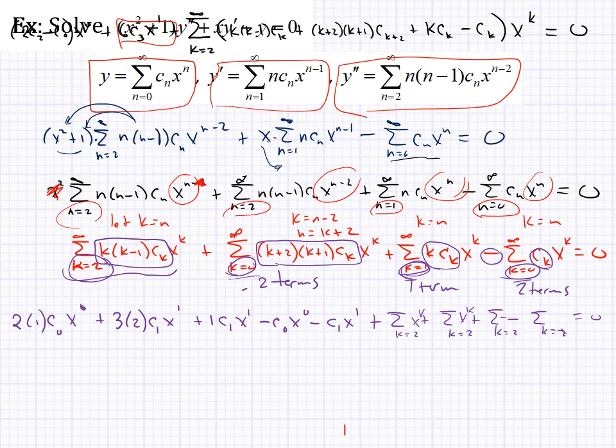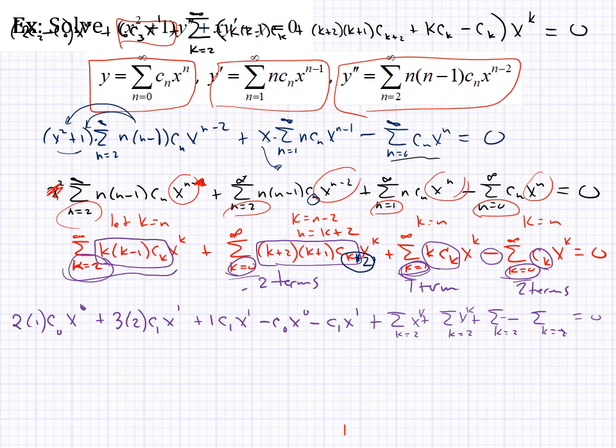But there's a problem there. Ah, I see it. Probably saw it before me. This one right here. n is k plus 2, so this should be k plus 2 right there. But everything else is okay. And that didn't change any of these terms here.